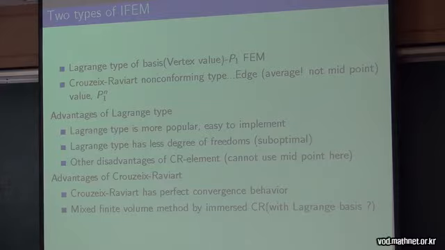But for this application, for this IFEM, originally the people in America started with the Lagrange basis. They did not have the complete proof. They have some numerical results, and I believed it. And I tried to extend it to a non-conforming or Crouzeix-Raviart type.